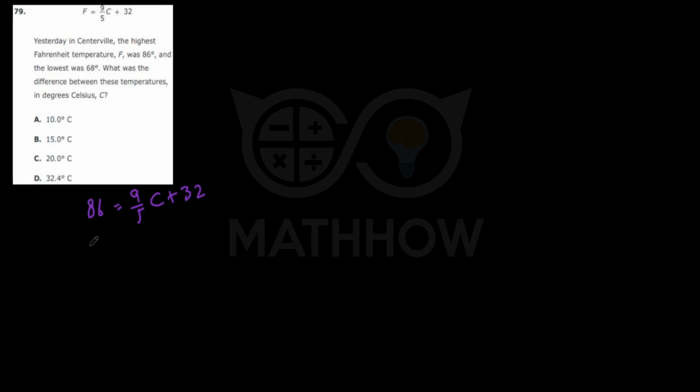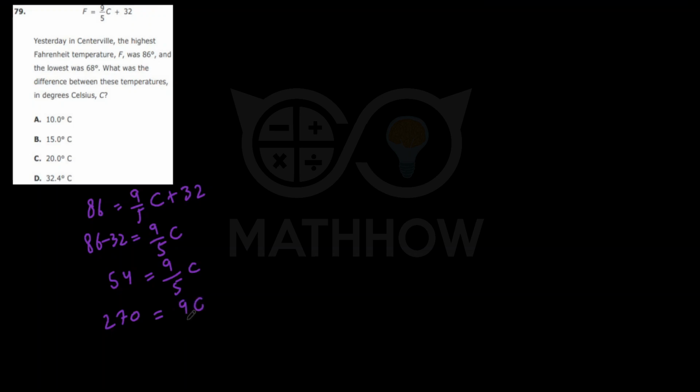Subtracting 32 on both sides, 86 minus 32 equals 9 over 5 C. This will become 54 equals 9 over 5 C. Multiplying with 5 on both sides, this will become 270 and this will become 9C.